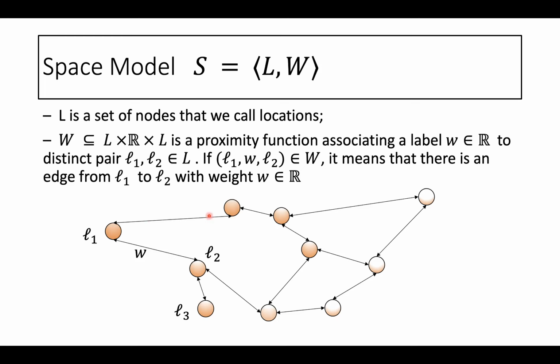This is the same as saying that there is an arrow going from L1 to L2 and another arrow going from L2 to L1, and both have a label equal to w. But usually when you write (L1, w, L2) it means that there is an edge going from L1 to L2 with weight w.